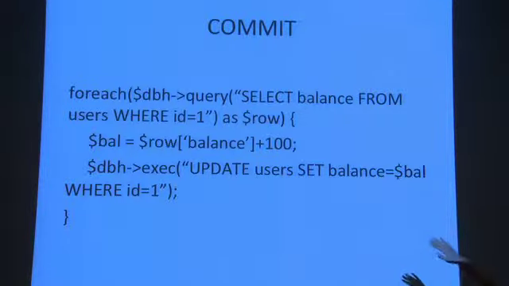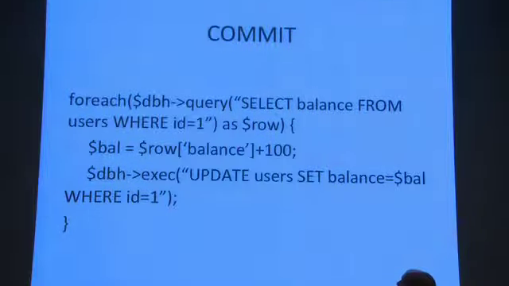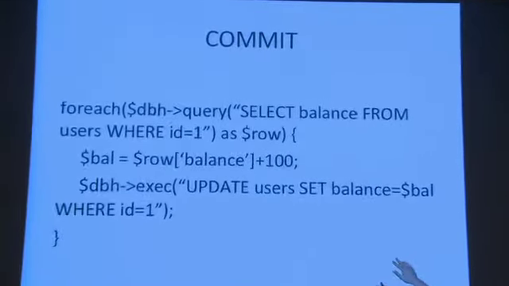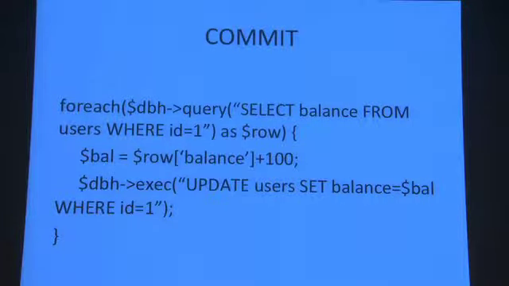So we've got a for each where we're looking at balances for user ID equals 1. Not my cleanest code. I wouldn't recommend putting this in production anywhere. But I'm taking the balance by getting the balance out of the row, and I'm going to add 100 to it. And then I want to execute this, update the user, set the balance to this new value.